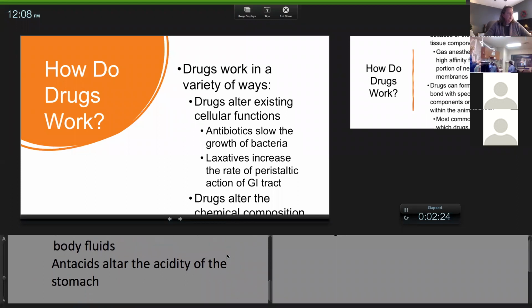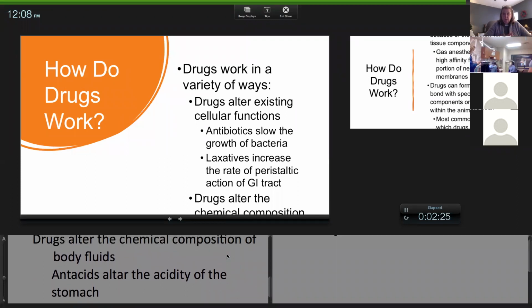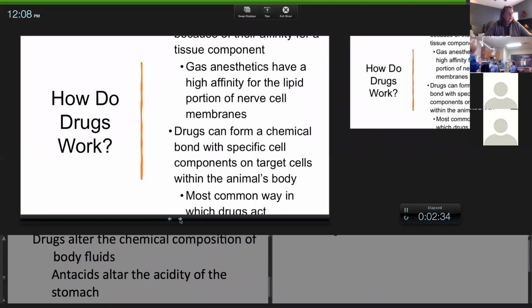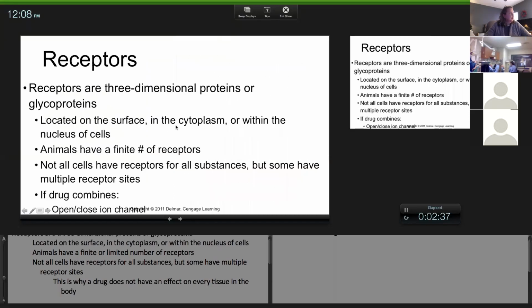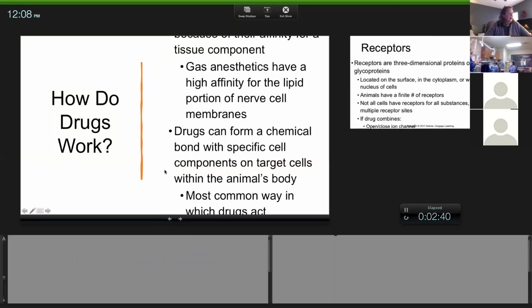can also alter chemical compositions. We mentioned the antacids changing the pH of the stomach. And there's also their affinity for a tissue component.